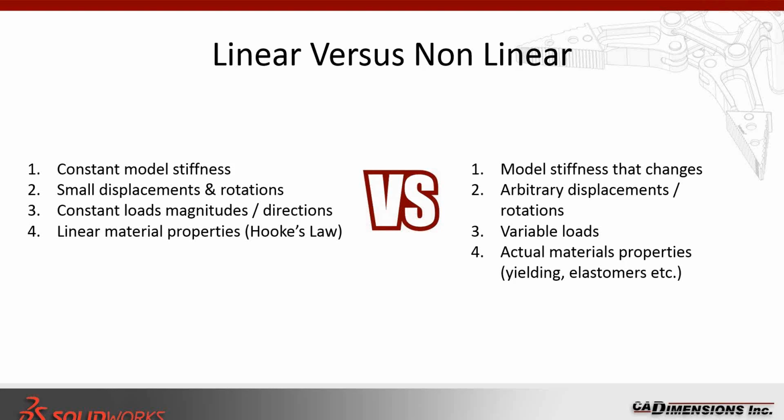And the fourth is the actual material property. So if the material is yielding, elastomer type of material, so if you have a rubber type of material, if you have a material that snaps, all that can now be considered with a nonlinear analysis.